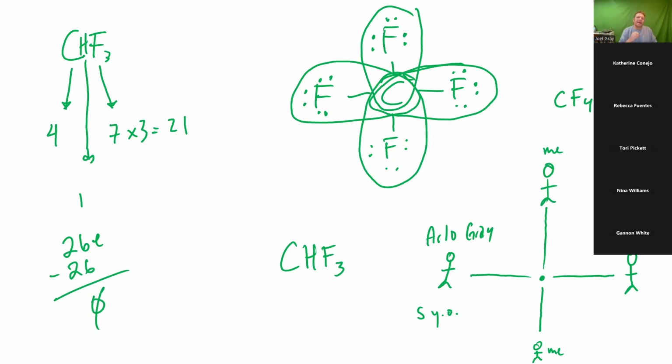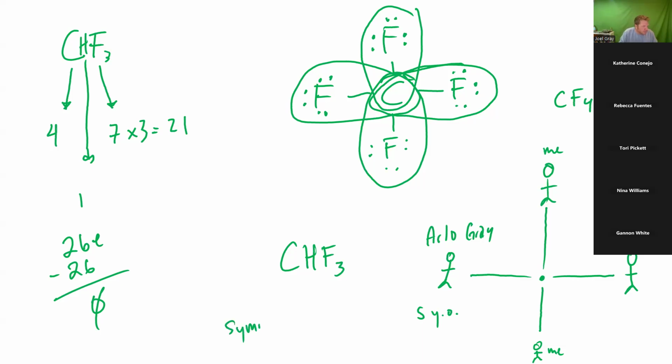Somebody is going to win it. It doesn't matter that the three me's are stronger than Arlo. It wouldn't even matter if Arlo is stronger than the three me's. The point is that there is some differential in pull. So my point here is that when you have a symmetric molecule, you have a non-polar molecule.